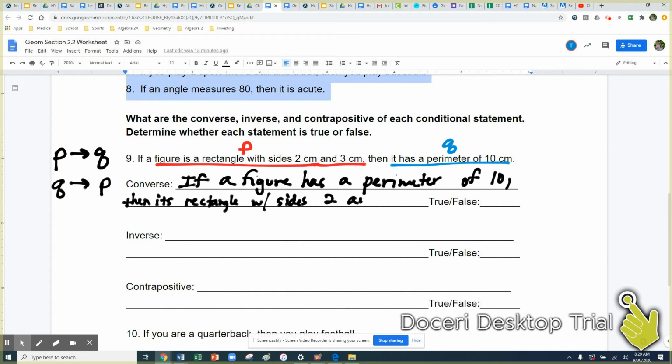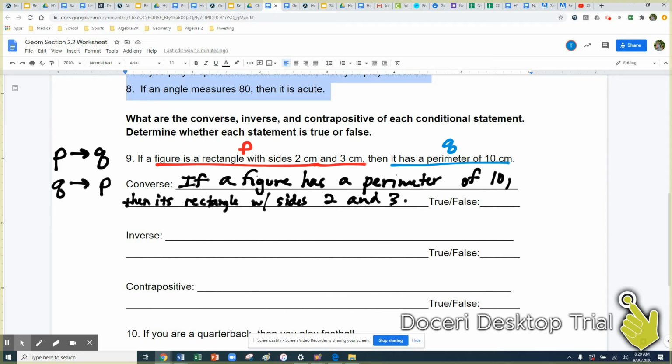I know I'm not going word for word there, but that's basically the gist of it. So if a figure has a perimeter of 10, then it's a rectangle with sides 2 and 3. So the converse takes the conclusion, writes it as the hypothesis, takes the hypothesis, flips it around, writes it as the conclusion. Now you've got to check.